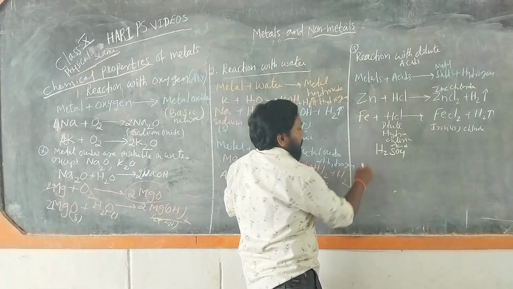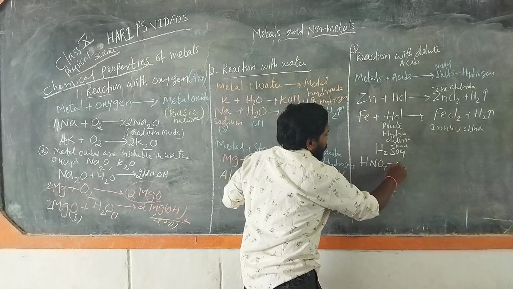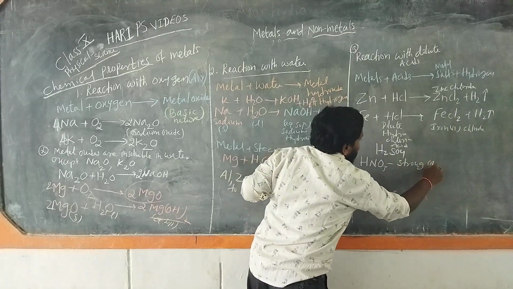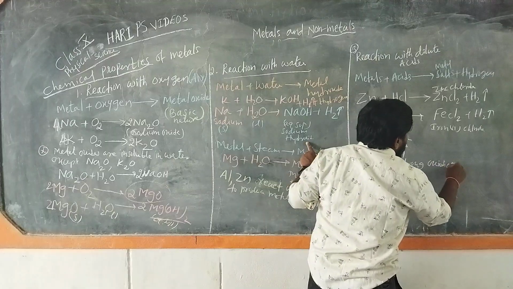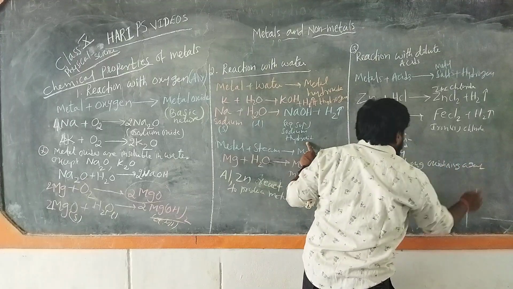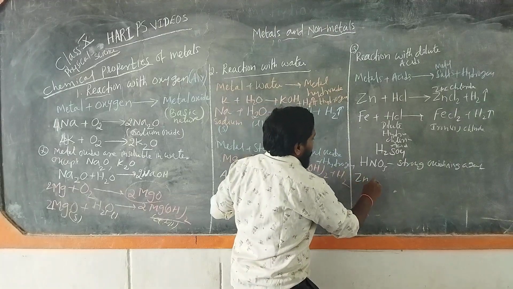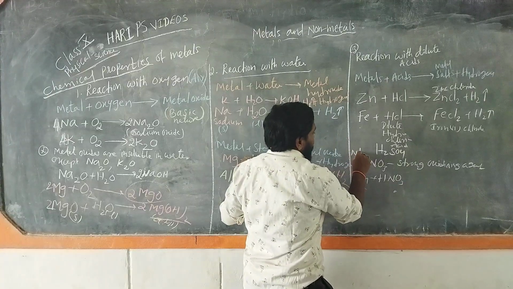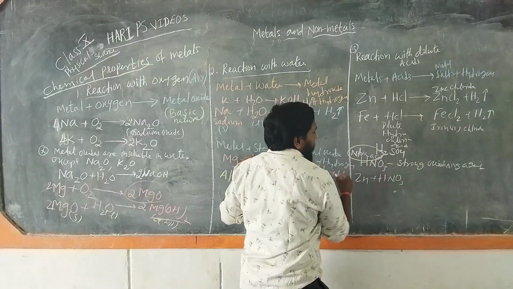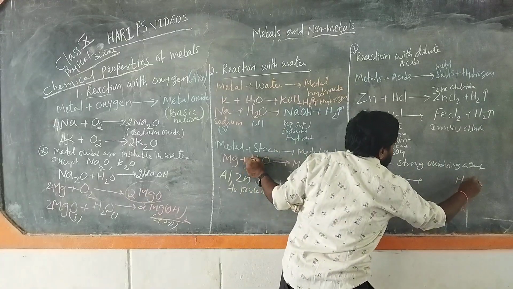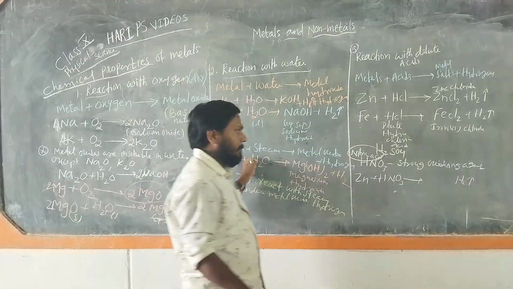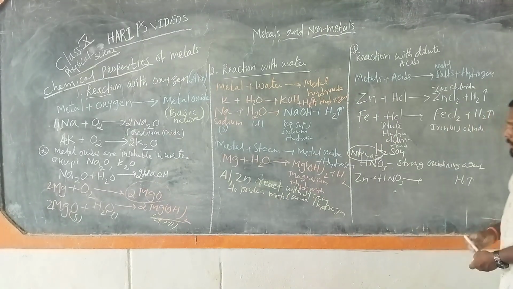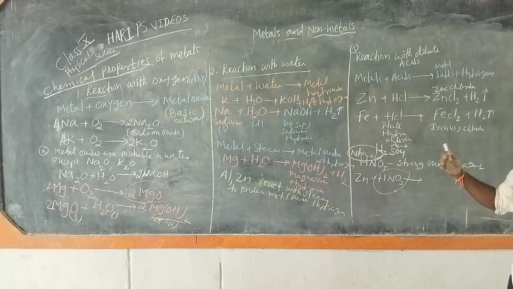But when metals react with nitric acid, HNO3, a strong oxidizing agent or oxidizing acid, the reaction is different. For example, when zinc reacts with nitric acid, if hydrogen gas is formed, nitric acid is a good oxidizing agent, so immediately it oxidizes the hydrogen and forms water.